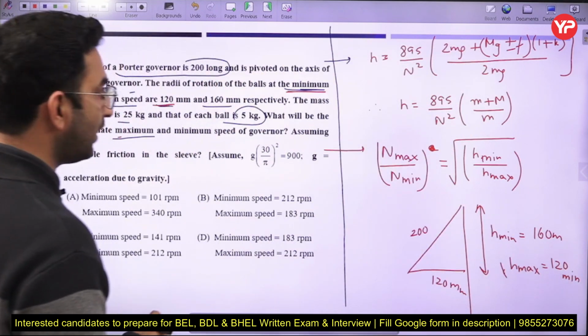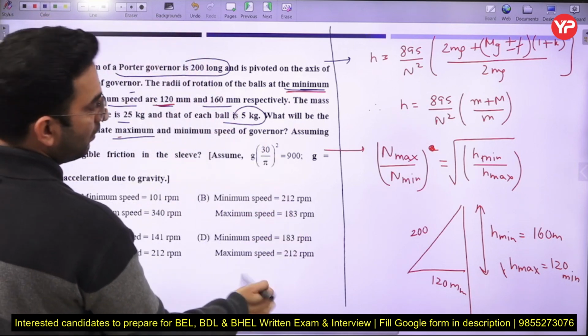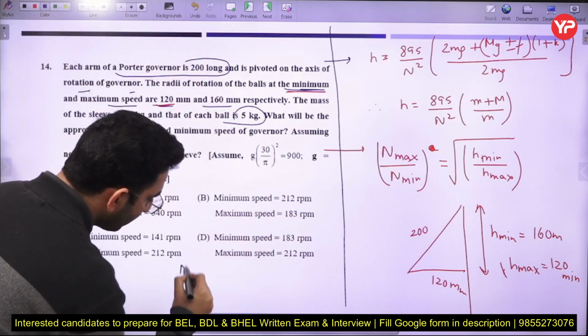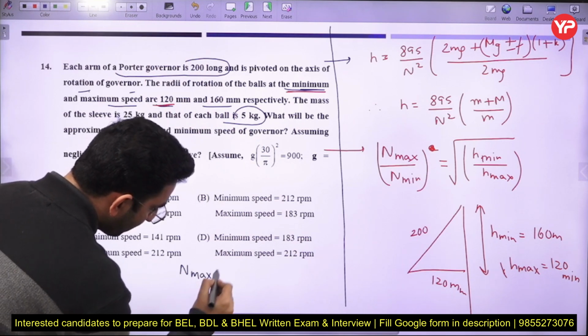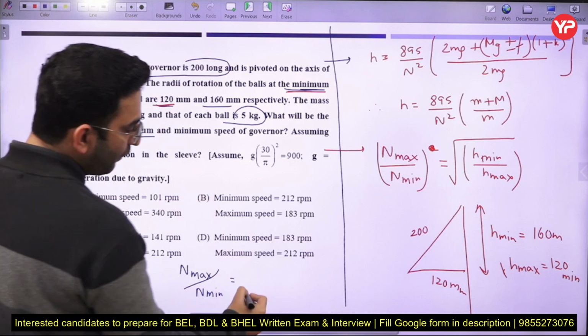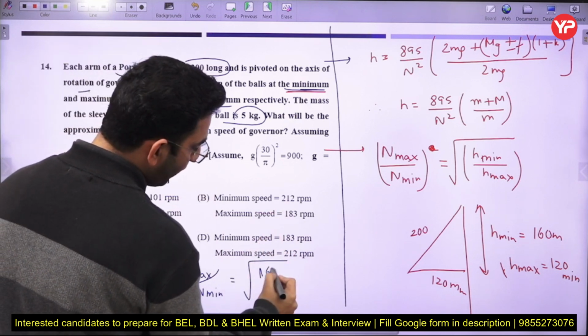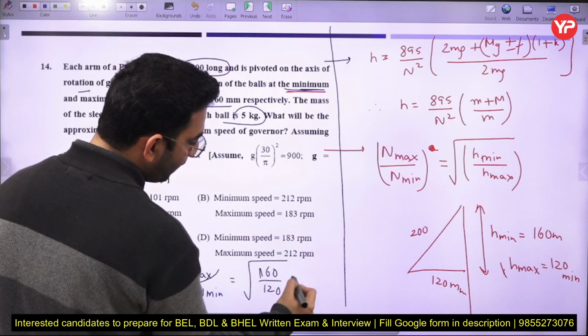Okay, so we can say, just wait a minute, I don't have enough space right now. So if you just find out the value of h minimum by h max, you will get 160 divided by 120 here.